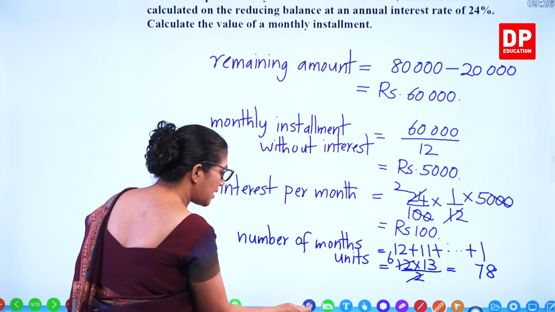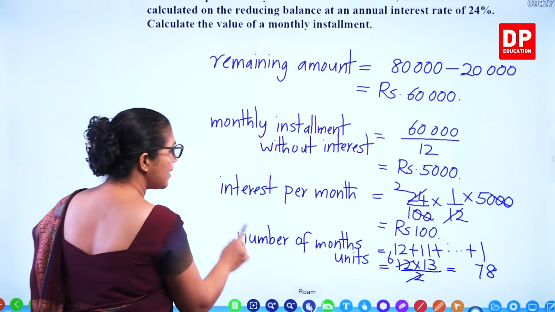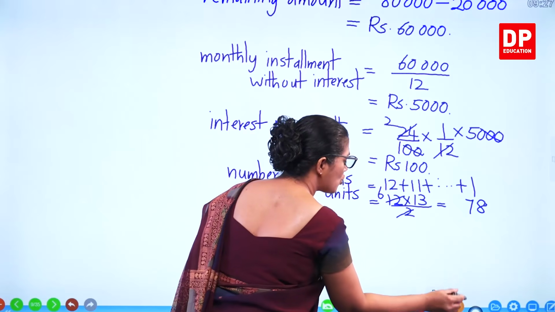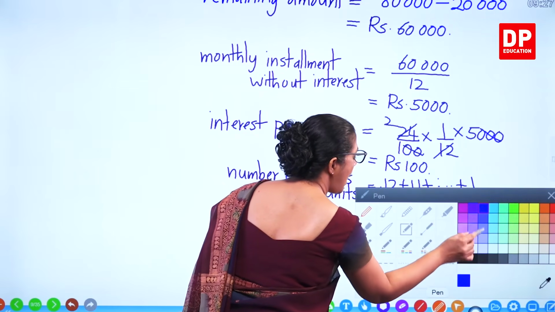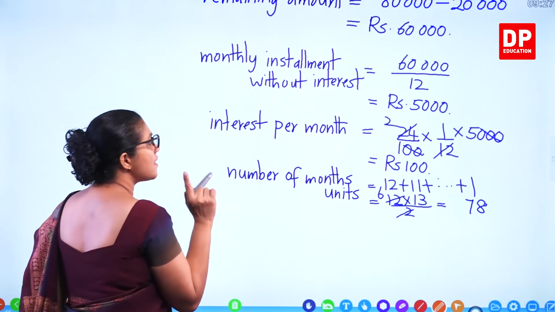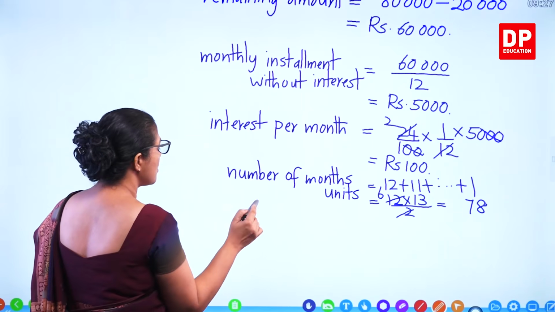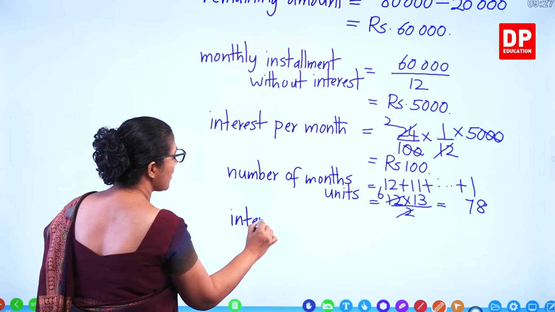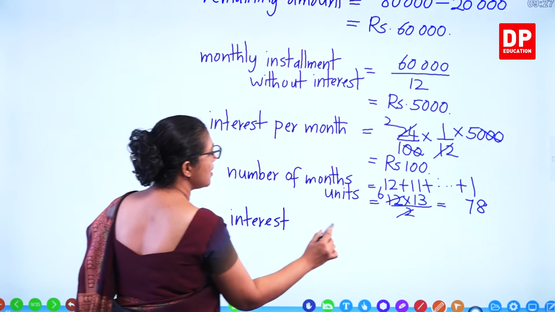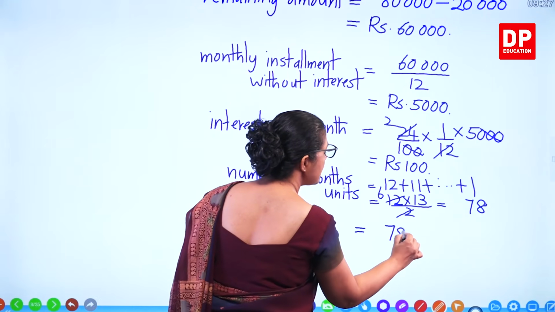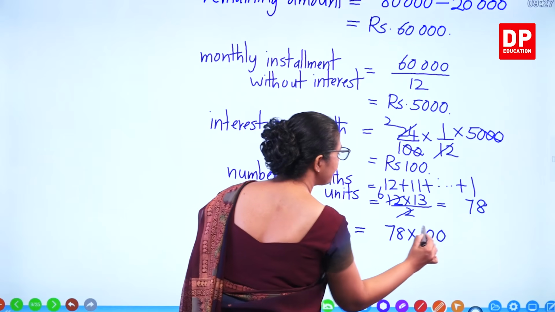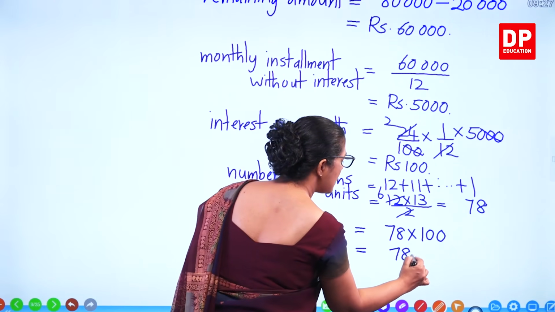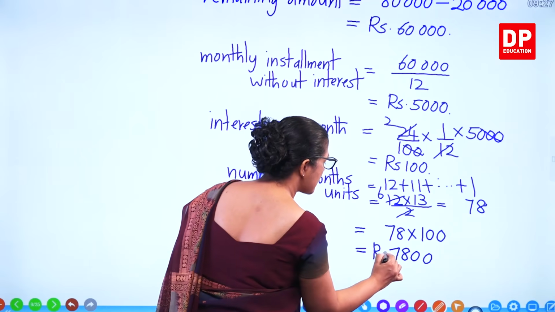So what's the total interest you are paying? So 100 for each month unit, and you have to pay 78 month units. So the interest is 78 times 100. So what's that? 7,800 rupees.